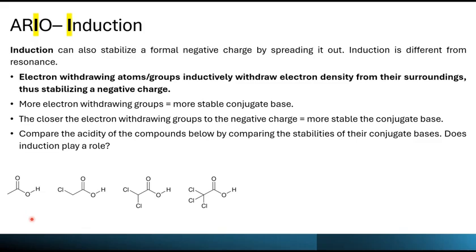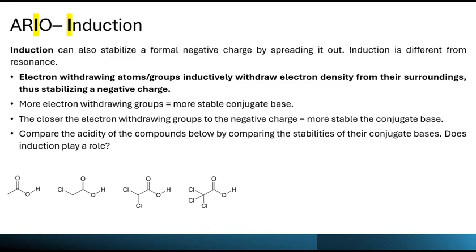But if we consider nearby electron withdrawing groups, in this case the chlorines, the first structure does not have any, but the second one has one, the third one has two, and the fourth one has three. So the last one has many nearby electron withdrawing groups where electron density can be pulled towards them, but not via resonance, more as a pull, and that helps stabilize that charge.